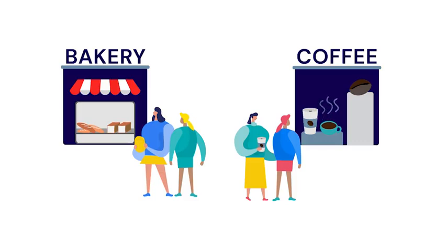Even though there is some overlap, there are still bakery customers that may not yet have tried the coffee shop, but may enjoy it. And there are coffee shop customers that may not yet have tried the bakery. The businesses then share their first-party data with each other so that each business can now target more people who may be interested in their products and bring in more new customers.